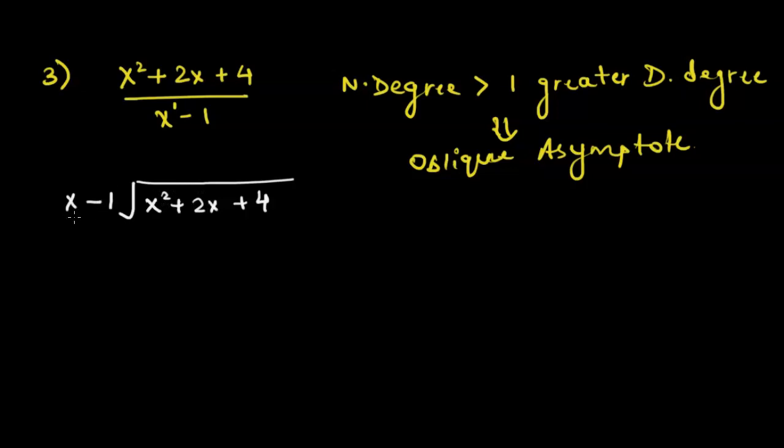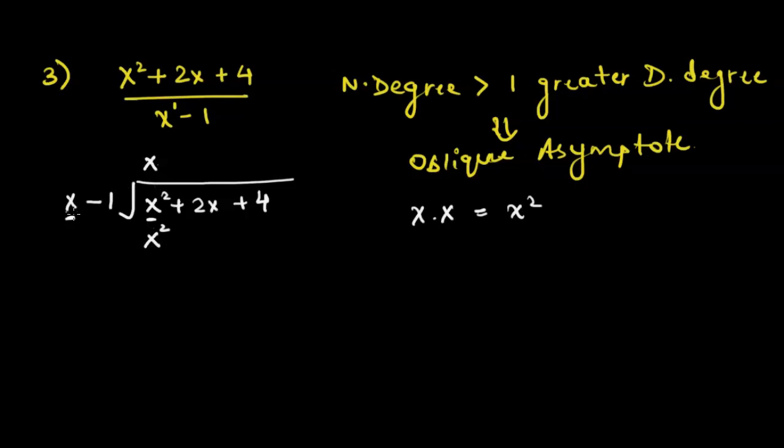Now first we have to think of what multiplied by x would give us an x squared, and we know x when multiplied by itself gives us an x squared, so we'll put that here. x times x gives us an x squared, so we would write x squared underneath this x squared.